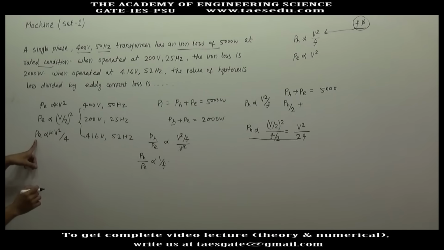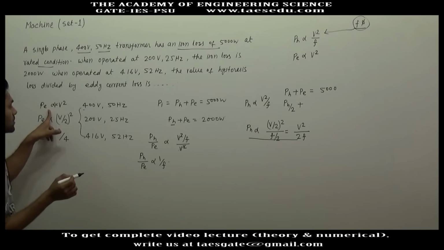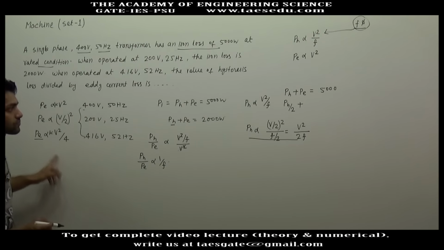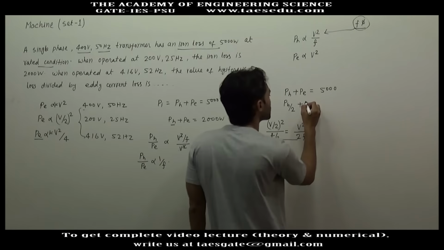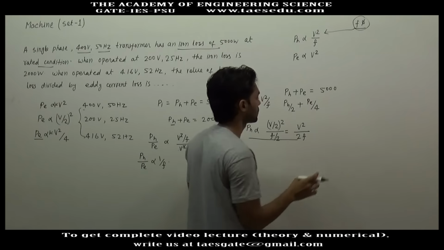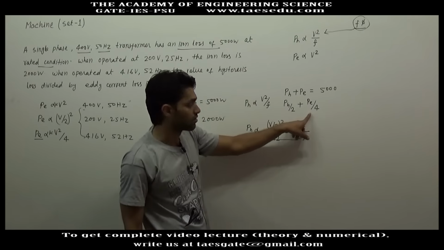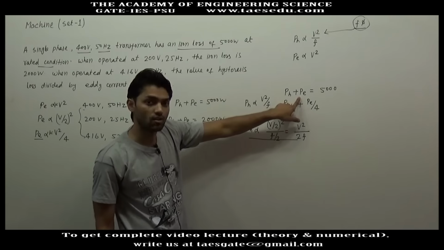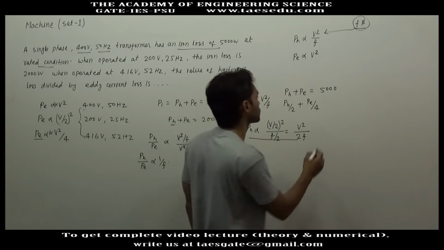So in the second condition, the eddy current loss is 1 by 4 times the eddy current loss in the first condition. By mistake I said hysteresis loss.